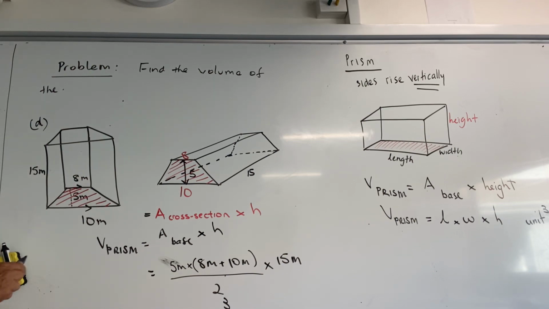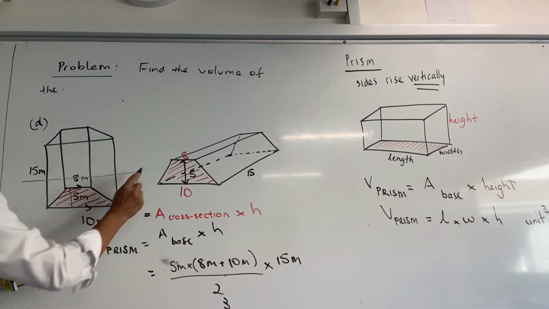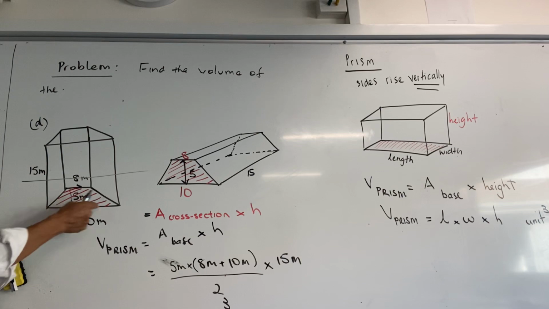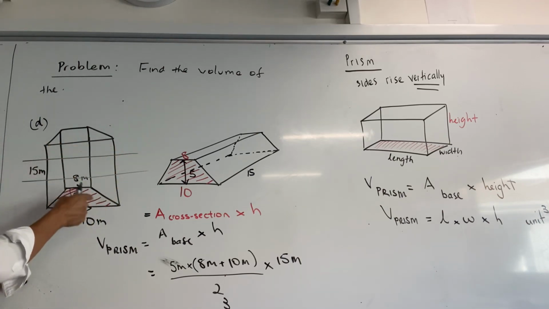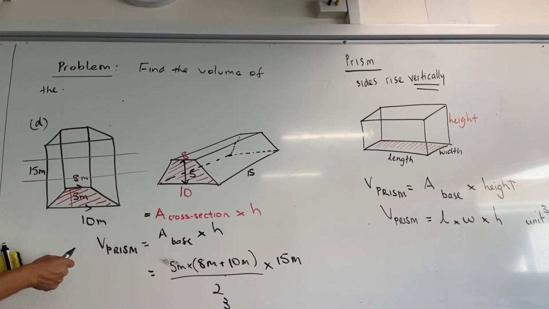So you can imagine how if I cut along here, I would still get that trapezium. And if I cut here, I would still get that trapezium. That's what I would see. So this is called the cross section. Whereas if I cut this way, I would get different shapes every time, and that would be no good.